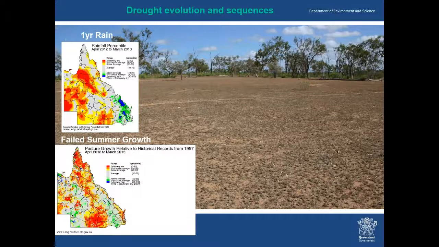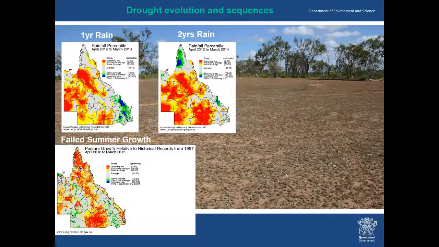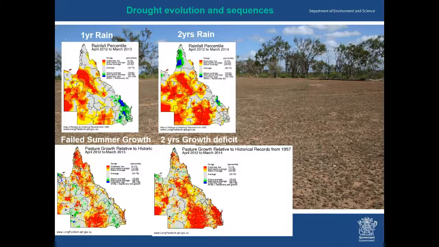Now, if we look at 2 years rainfall into the drought relative to history, and we look at 2 years of growth, we can see the deficit of growth growing there. But what I want you to draw your attention to is, say, the Burnett in southeast Queensland here, where the rainfall for 2 years relative to history is quite on the average line, but pasture growth we're into deficit there.